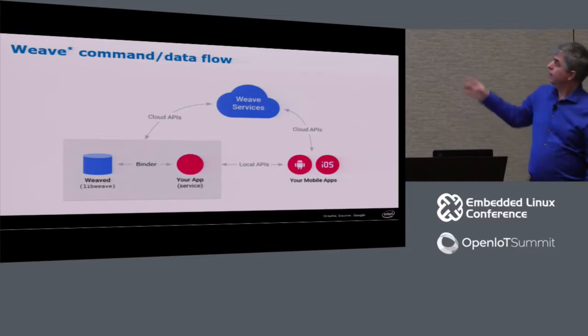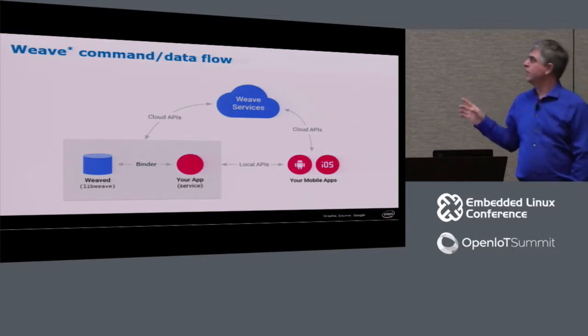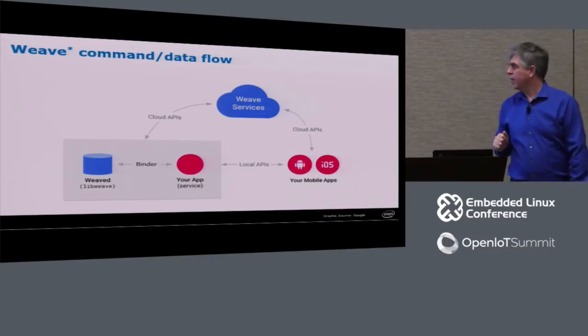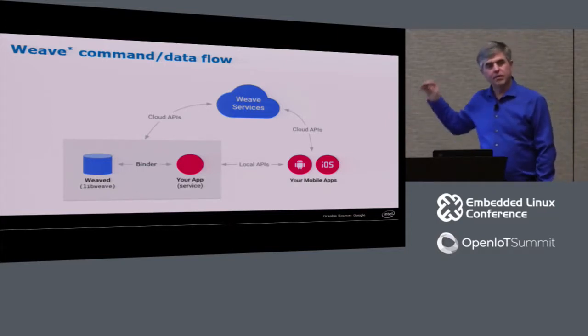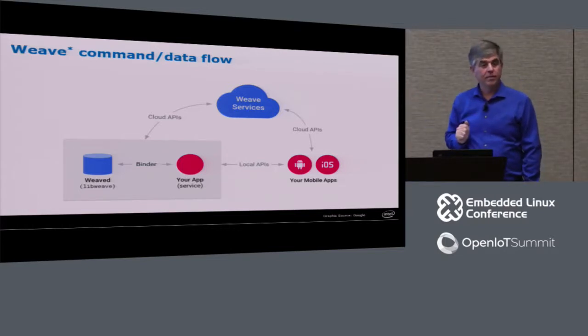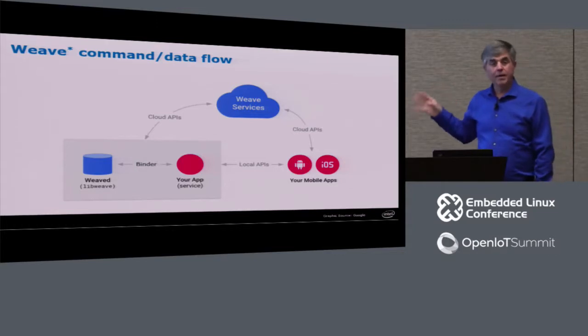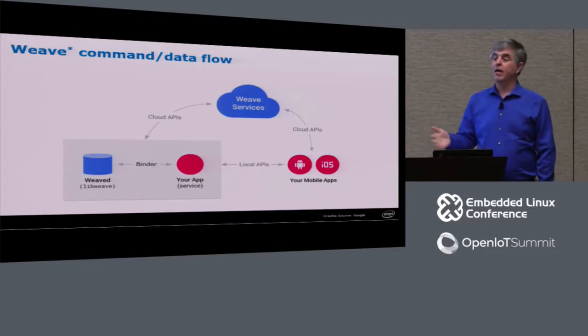The command flow for a Weave device looks something like this, and we're going to go into a little bit more detail on the next slide. For instance, your mobile phone, iOS or Android, can communicate to your Weave device either through local APIs directly, say via Wi-Fi, and those APIs can be public and unauthenticated. Say you have a music player in your living room and you want to queue music to it and you're on the same Wi-Fi link.